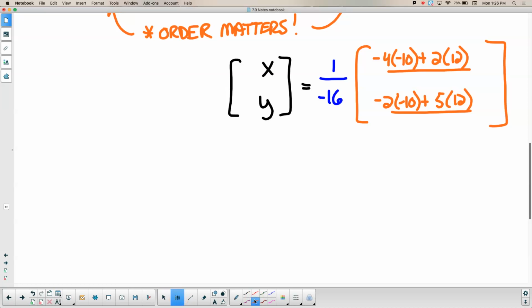So now we've got 40 plus 24 is 64. 20 plus 60 is 80.